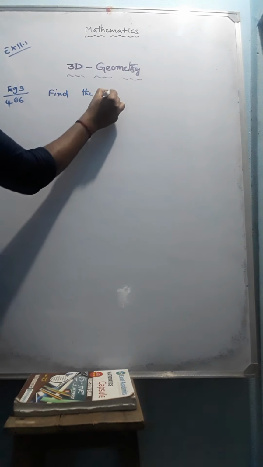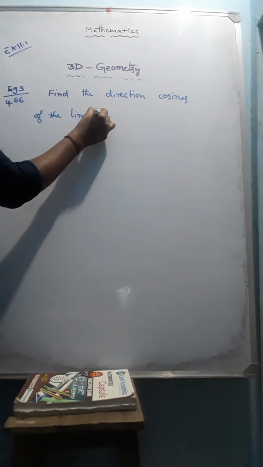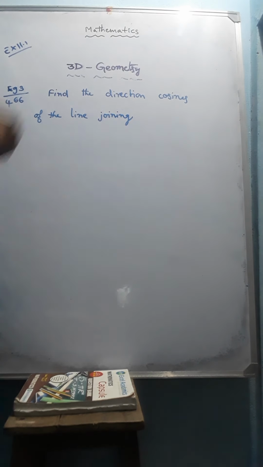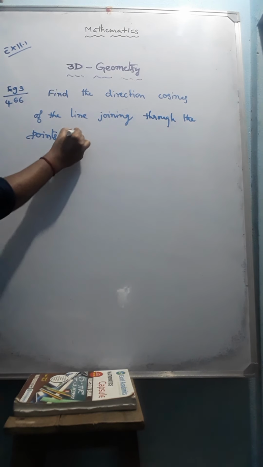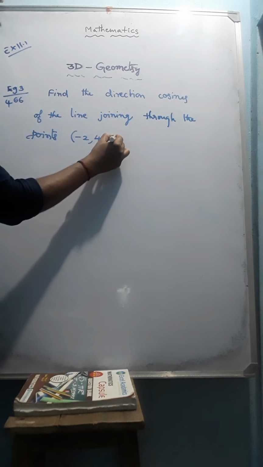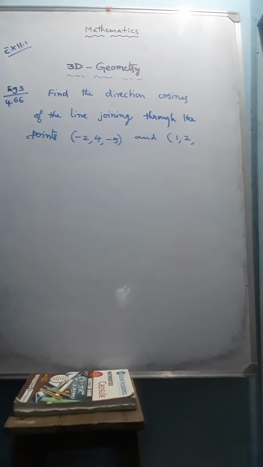Find the direction cosines of the line joining the points minus 2, 4, minus 5 and 1, 2, 3.